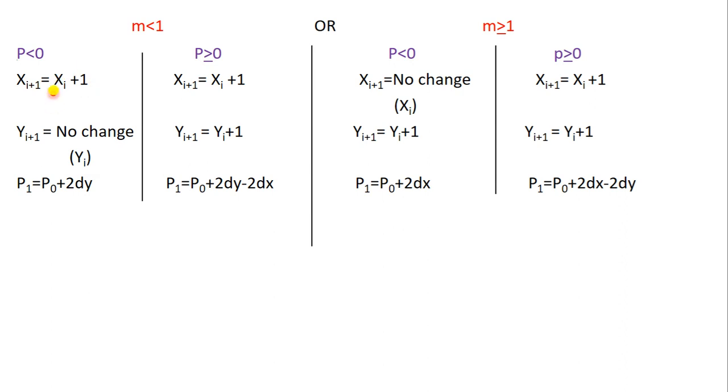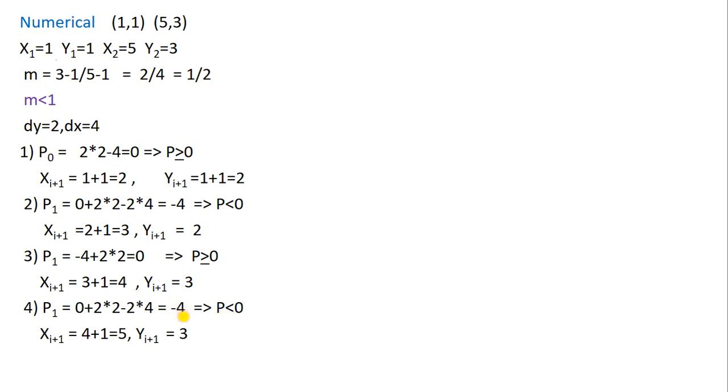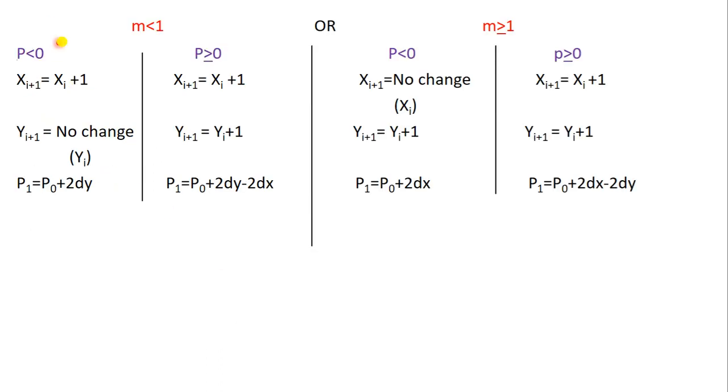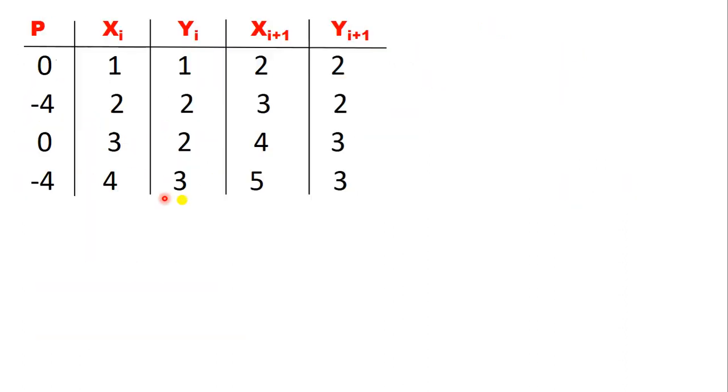So what is the formula here? Now we have to use this section. We have to ignore this section because our p value, minus 4, is less than 0. So here we use this method. We have the xi and yi values, because whatever the previous values were, we have taken as the current values. The xi value is 4 and the yi value is 3.